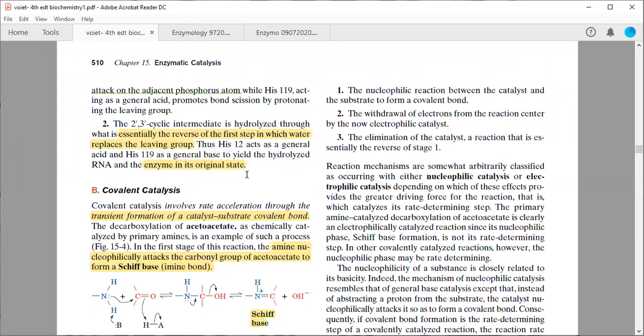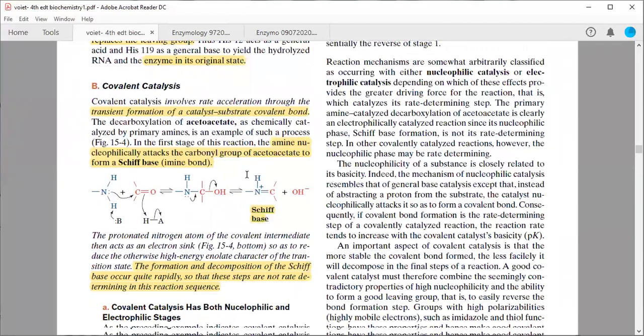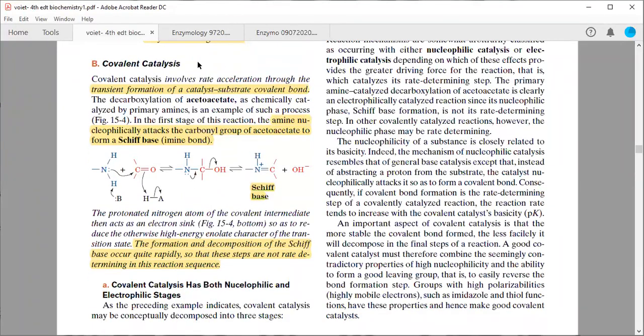The second type of reaction catalyzed by enzymes is covalent catalysis. In this catalysis, a Schiff base is formed, which has a double bond called an imine bond. If you know the amide bond, the CONH bond, this has a positive charge here because the valency of nitrogen is 3, but here it is bound with 4 bonds, therefore it has a positive charge.